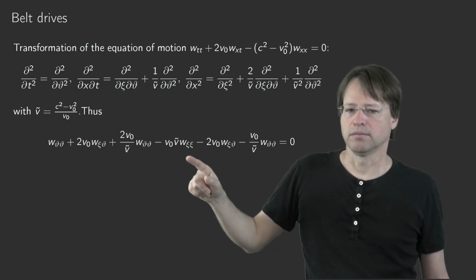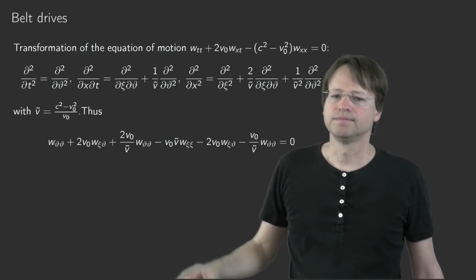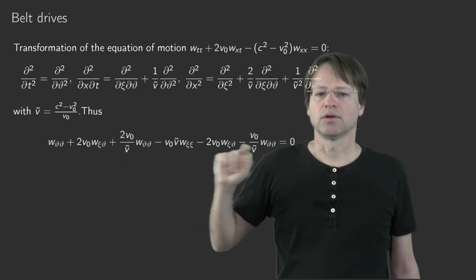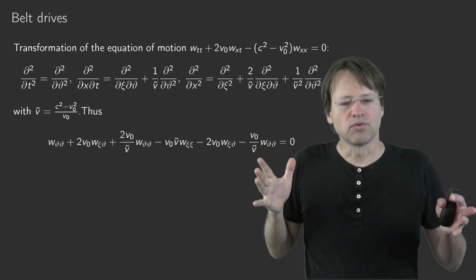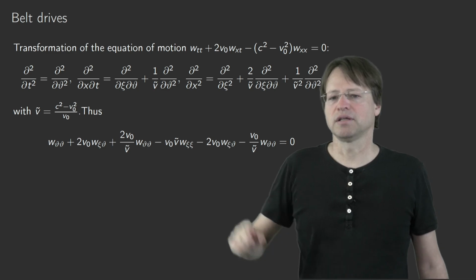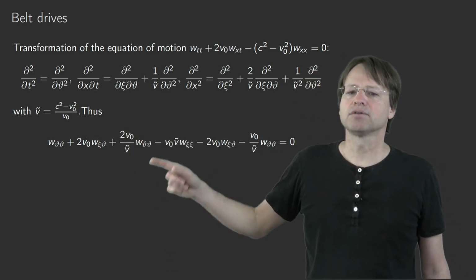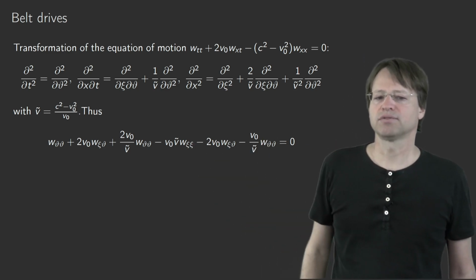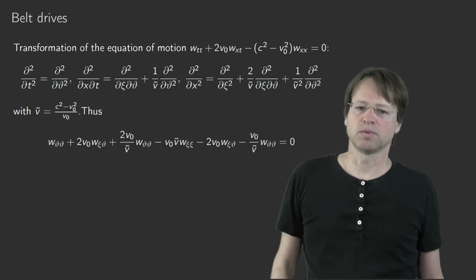So we already see that the mixed term goes away and that we can apply here Bernoulli separation. But we will of course summarize the terms containing the second order derivatives with respect to tau, and the term containing the second order derivatives with respect to psi. Well, with respect to psi, it's quite simple. There's just one term.